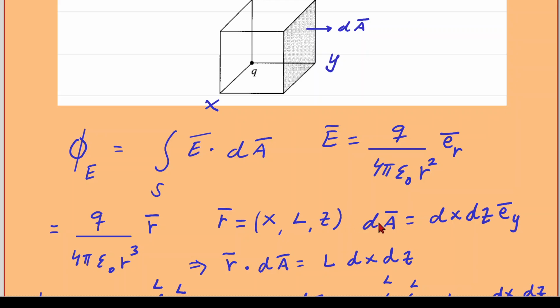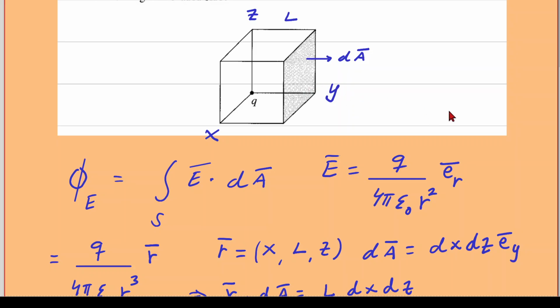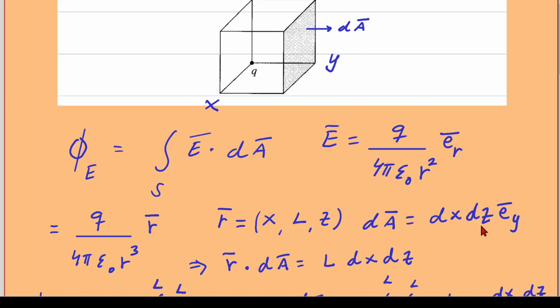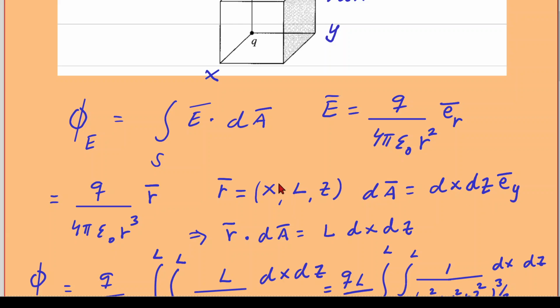And the surface element, it is going like in this direction, dx, and then the z. And as I said, the direction of this element is outward. Can you see that? In the y direction. That's why we have dx, dz, and then the y direction unit basis vector. So when we want to do this dot product here, obviously it's going to involve the position vector r.